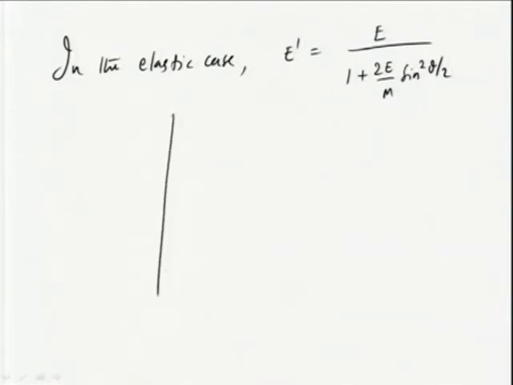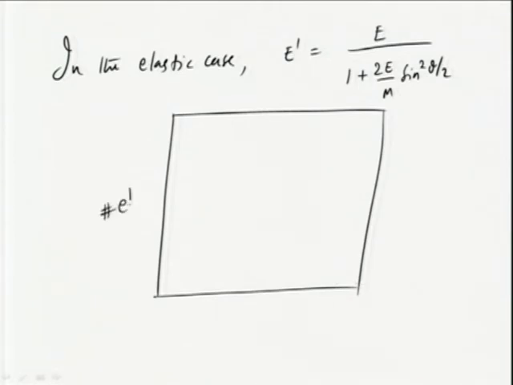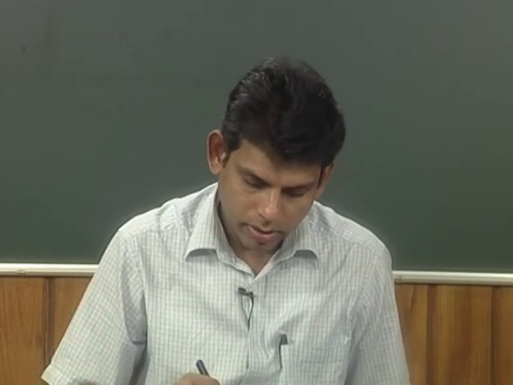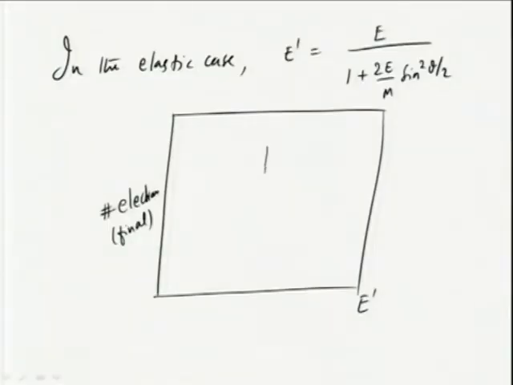Now one can do an experiment and count the number of final electrons coming out. You measure the energy of the electrons and plot the number of electrons against E prime. Then you will see that in this elastic case it comes out at one particular value.